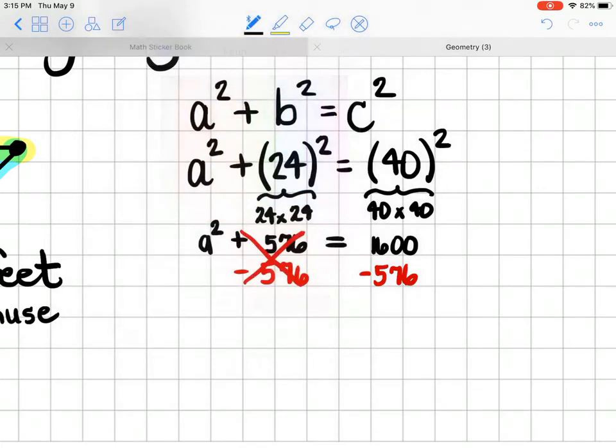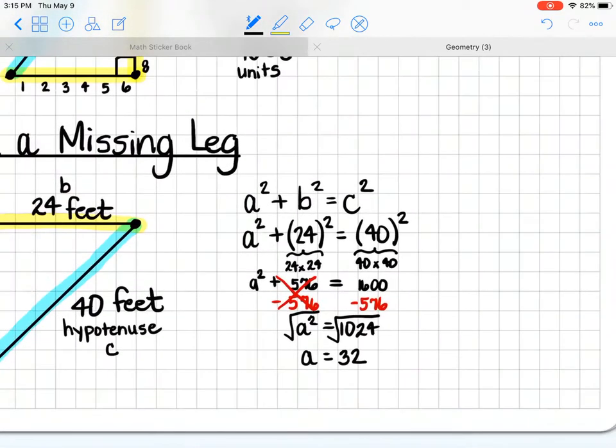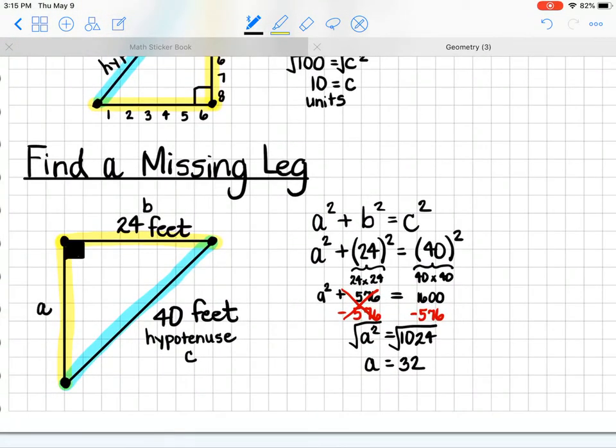So we're left with a squared equals 1600 subtract 576 is 1024. And then we have to take the square root of 1024. So just hit Shift X2, and your other leg on this triangle is 32 feet.